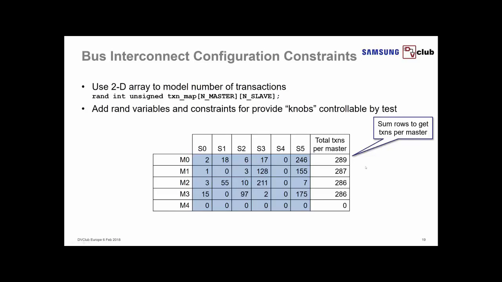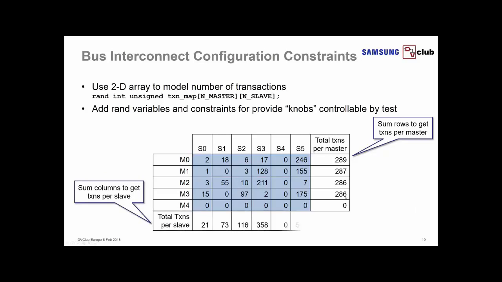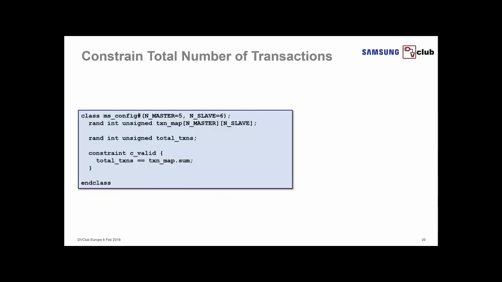So I have 289 transactions for master 0 and 286 for master 3, etc. And I have none for master 4 for some reason. I can sum the columns in a similar manner to get the number of transactions for each slave. And I can sum the entire array to get the total number of transactions for my simulation.